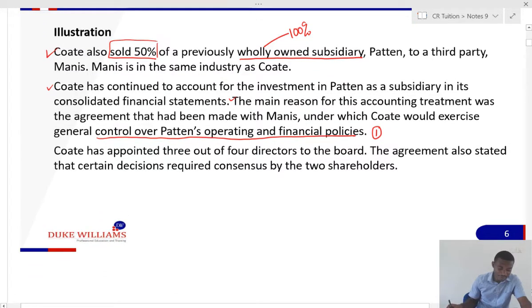Court has appointed 3 out of 4 directors to the board. Look at it, it has the power. Another principle of control. The agreement also stated that certain decisions require consensus by the 2 shareholders. So that is one, two indications of control. All these are indications of control. Let's take note of that.